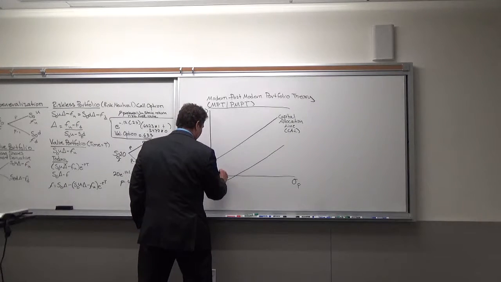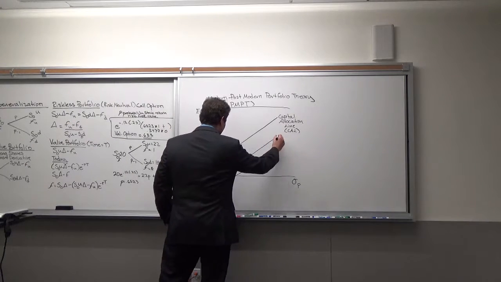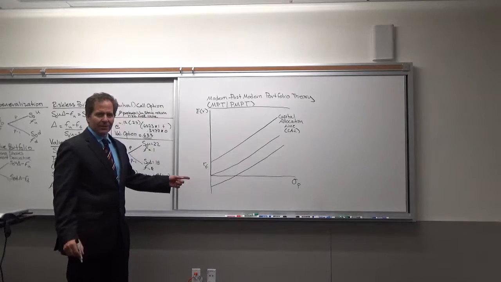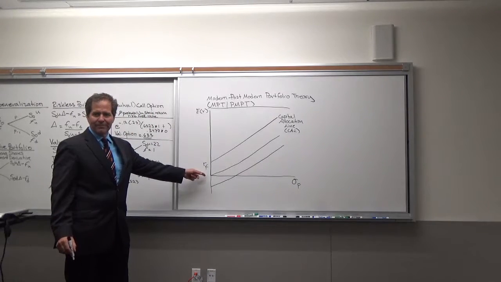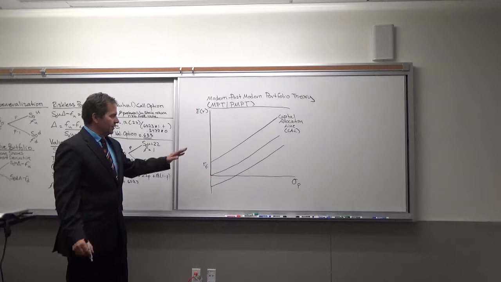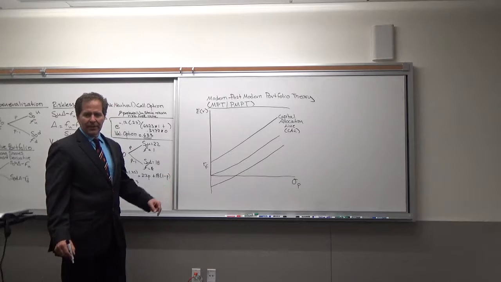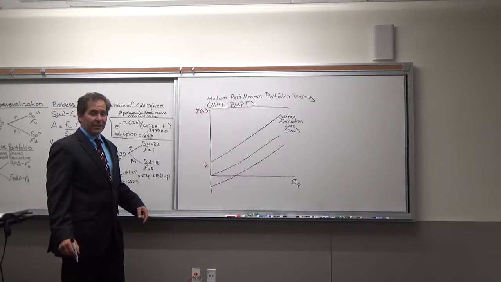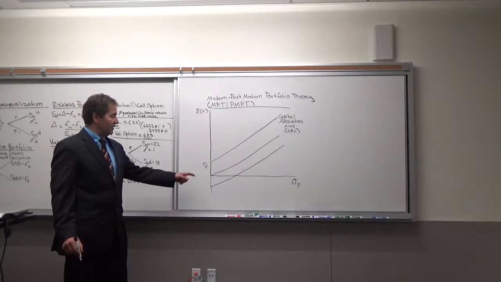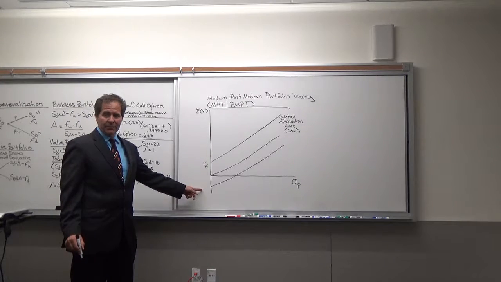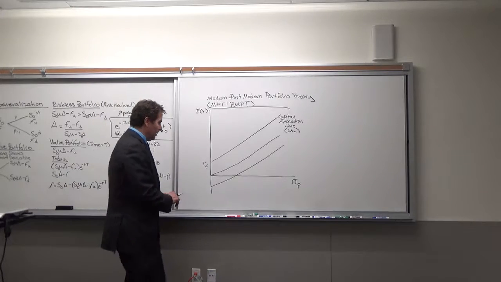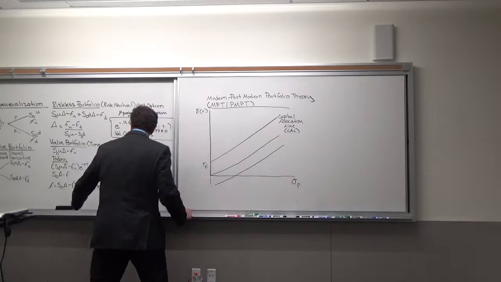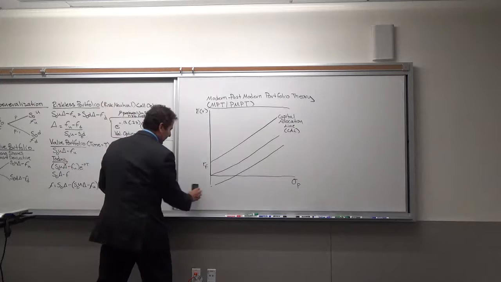And actually, in a zero interest rate environment in the United States, the capital allocation line originates from the origin. So the modern portfolio theory could actually be modernized by taking into consideration zero interest rate and negative interest rate environment. We're not going to focus on that, but I did want to mention that.